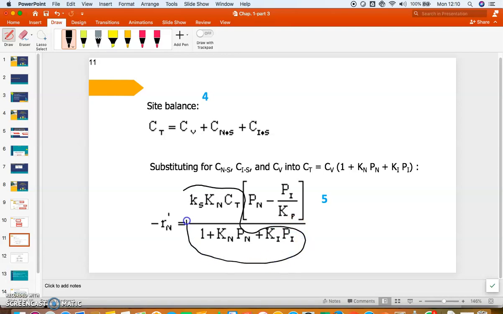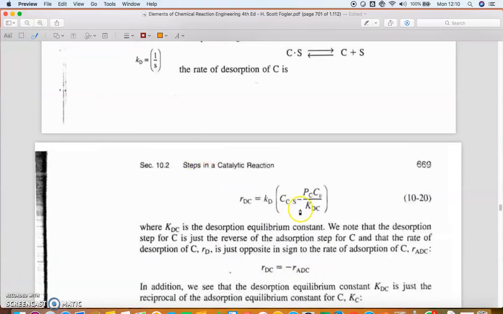This part will remain, and when you simplify it, it becomes K. In some examples, it will be simplified into negative Rn equals K times Pn minus Pi over K, like in your textbook.